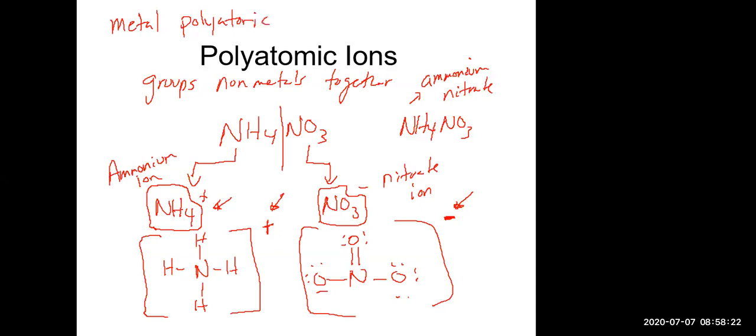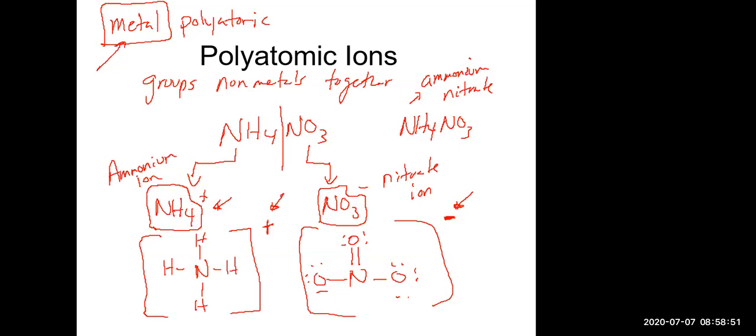Which means we fall back to our normal rules about the metal. If that metal is group 1, 2, or 3, zinc, cadmium, or silver, then you don't need a Roman numeral, and you would just use the name of the metal and the whole name of the polyatomic ion on the back end. If that metal is a transition metal or just outside of that, like we were talking about, lead, tin, you will need a Roman numeral like we did before.